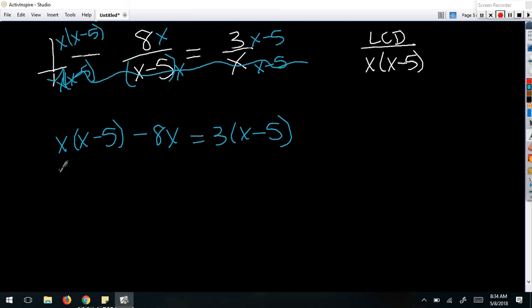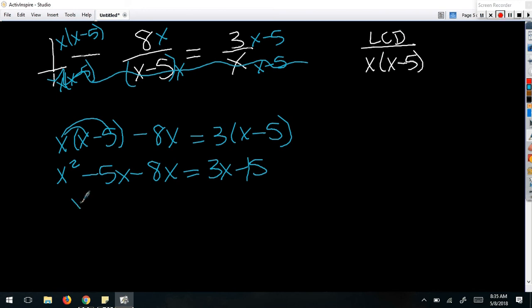x squared. There's the dreaded quadratic. If I have a quadratic, I need to do what? Get everybody to the same side and see if I can factor it. Ah, it's 15, thank you.